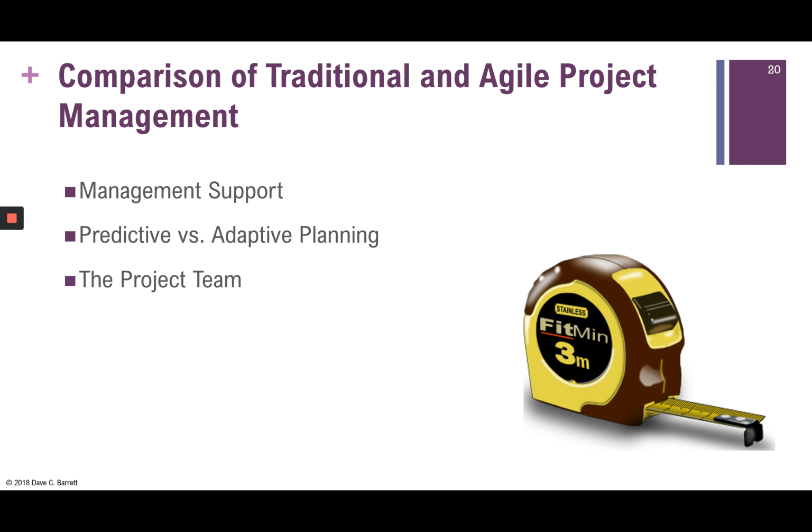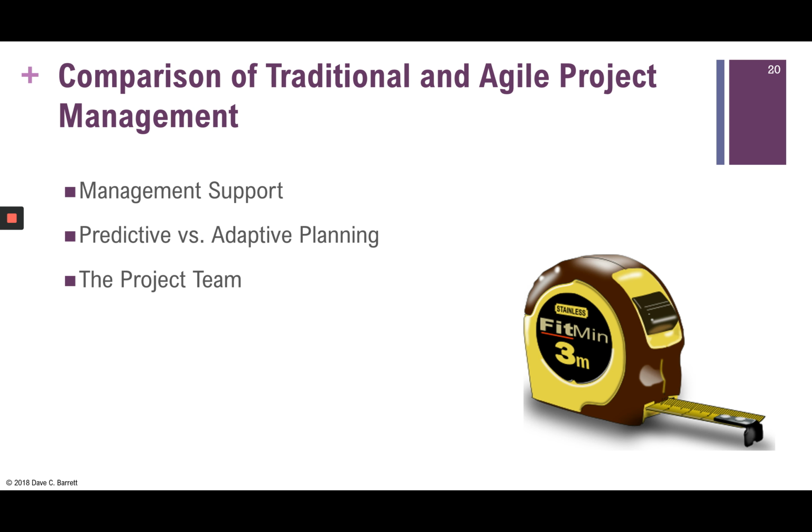The project team is very different. As you saw before, there's a project manager in traditional project management. In Agile there's a scrum master, and their roles are very different. Project teams usually have job titles and specific functions for each project team member.